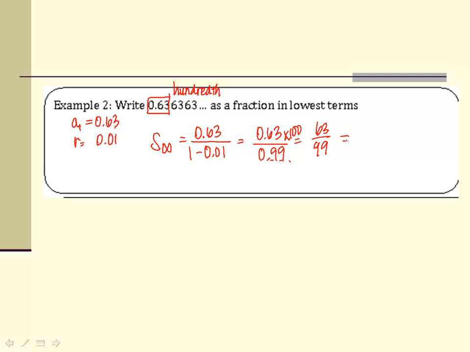If it doesn't, leave it there. And it does reduce. You can divide each of these by 3. If you divide this one by 3, you get 33. If you divide this one by 3, you get 21. We can still go by 3's again, so I get 7 over 11. Okay, so if possible, reduce it.